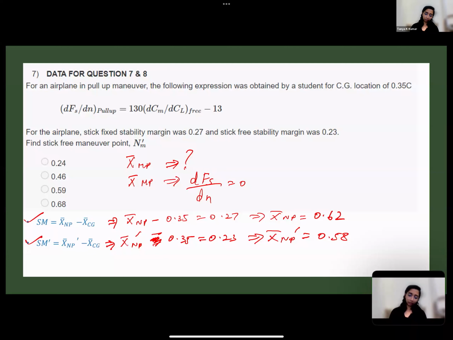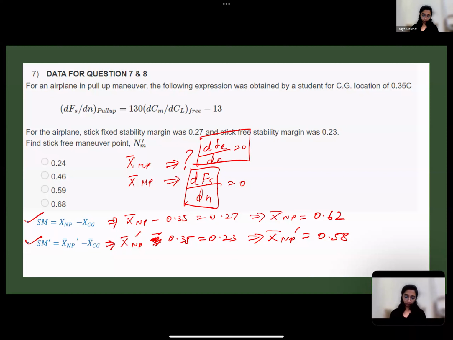Do you remember d delta E by dn equal to 0? I think this was one of your assignment questions, week 5 or week 4. This is how the maneuver point was defined until you came up with the stick free case. For the stick free case, dFs by dn equal to 0, the location at which dFs by dn equals 0.